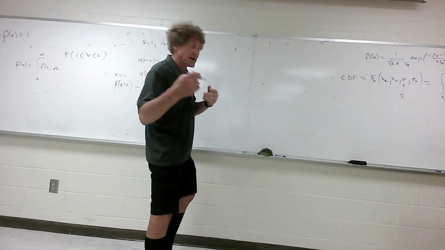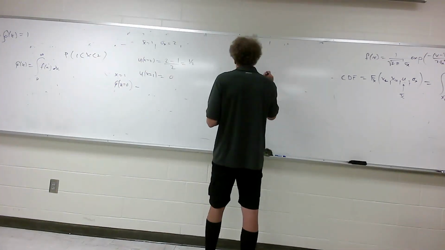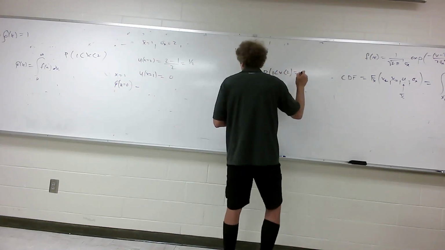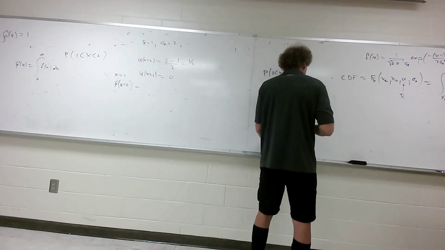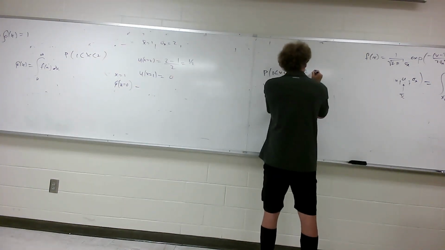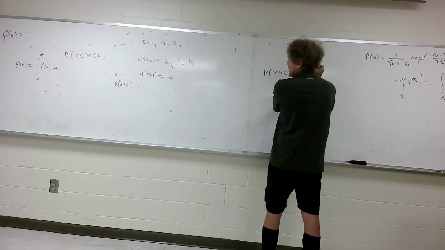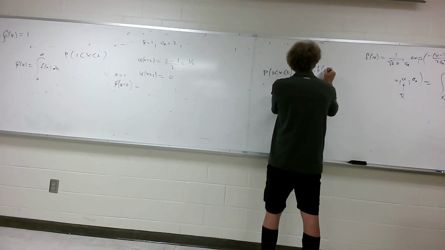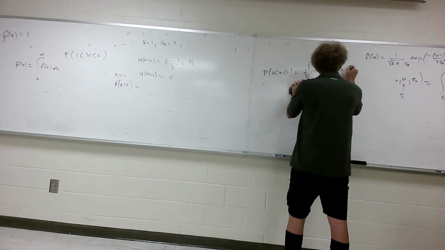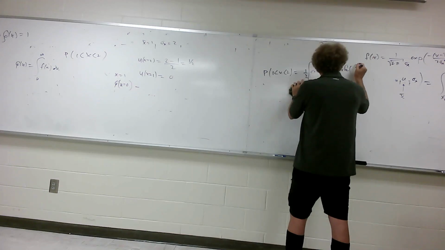So first I have to get this, and then I have to get this. I'm going to use my error function, and the probability, you tell me if I'm right, x less than 2, is equal to 1/2, and it's the error function, so I'm just going to do it this way: ERFC of the upper bound, or the lower bound, which is 0, and that's 1/2, minus ERFC of 1/2 square root of 2.